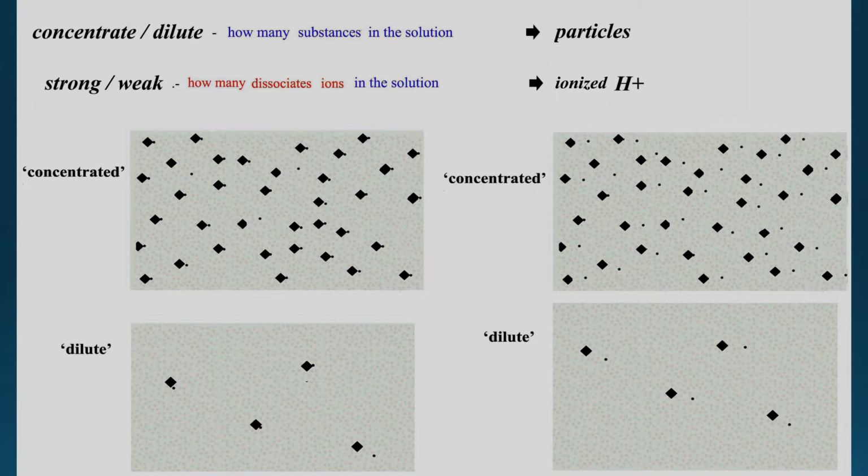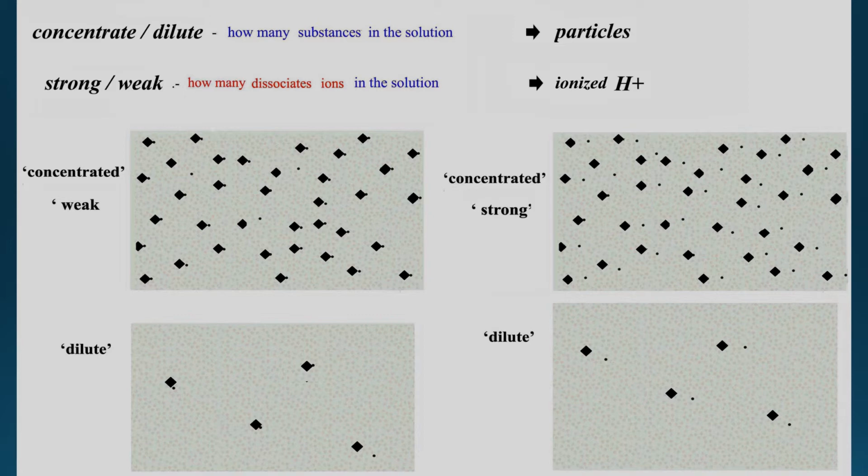How about strong and weak? Look at the top. We talk about ionization. In the first picture, only a few of them become ionized. This ionized, this ionized, this ionized. The remaining are not ionized. So in this picture, they are a weak acid.